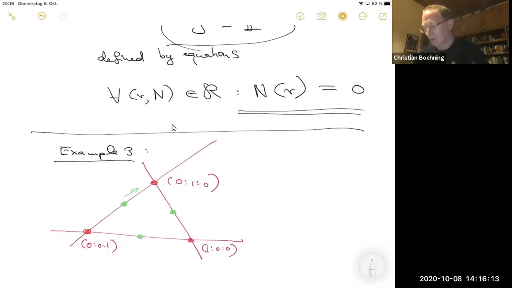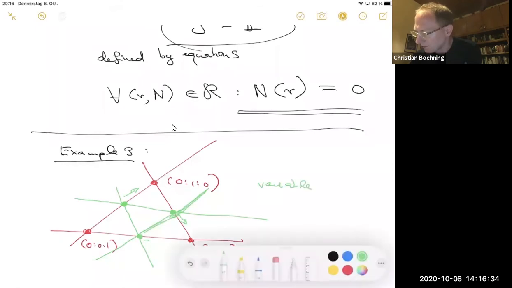It's constrained to lie on this line by an incidence relation. This can move here. And then I want 3 variable lines connecting the points like this. So I'm just looking at an inscribed triangle in this red triangle here. So this is variable, and the red ones are fixed.